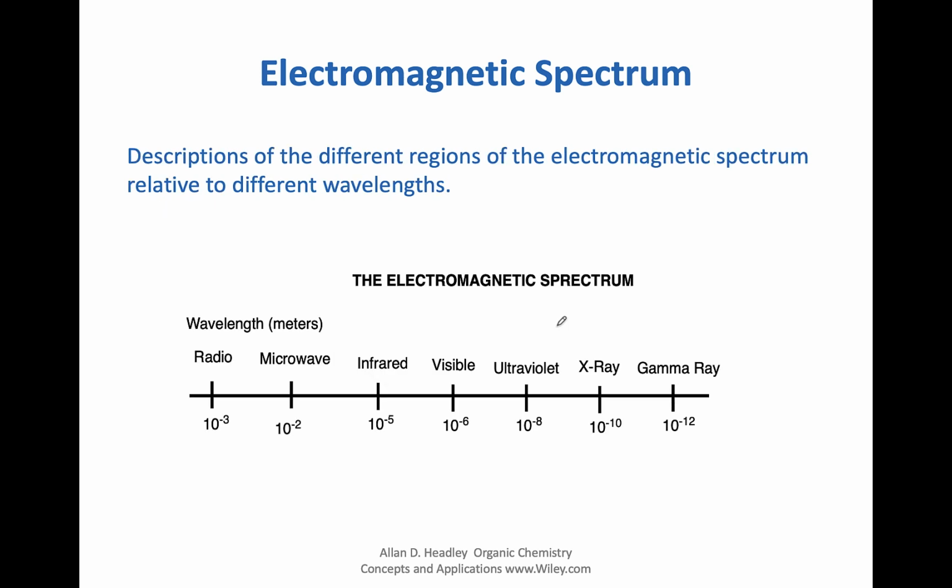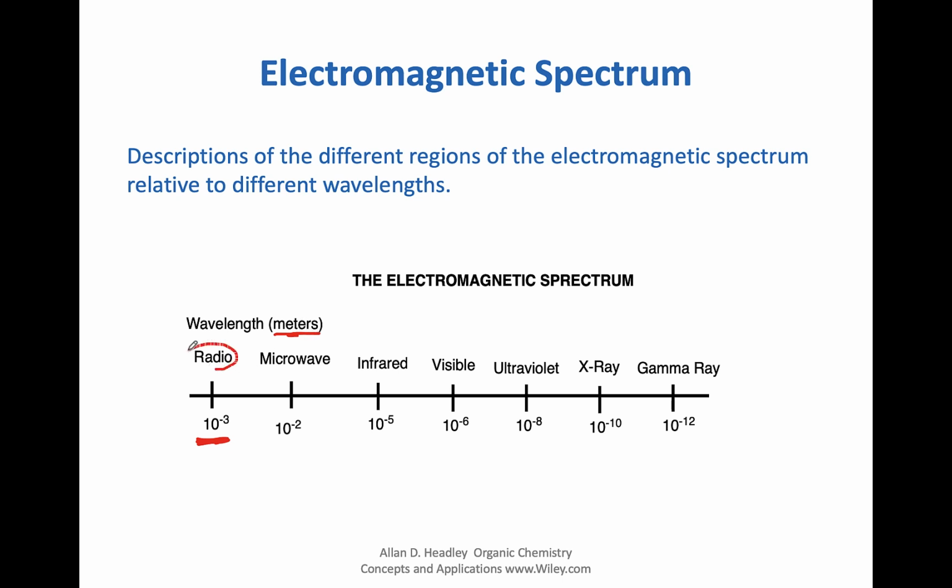So, here's the electromagnetic spectrum. And of course, here is the relationship between wavelength and energy. Here is the wavelength that's 10 to the negative third meters.